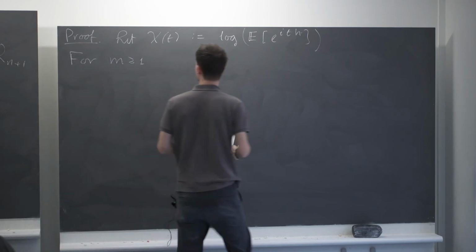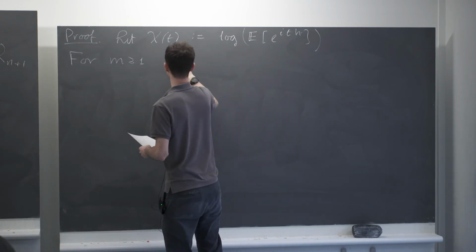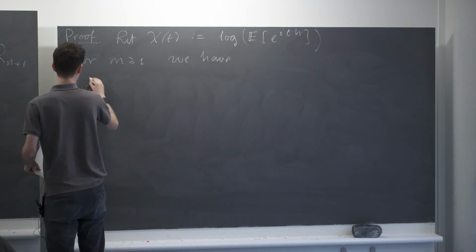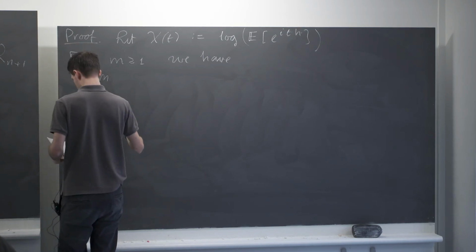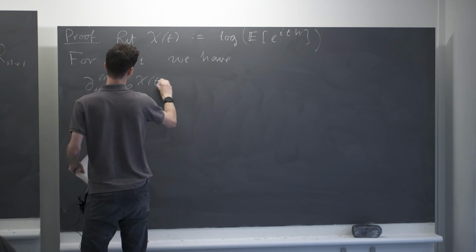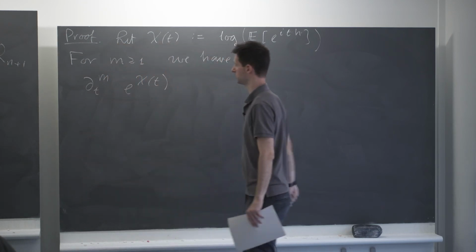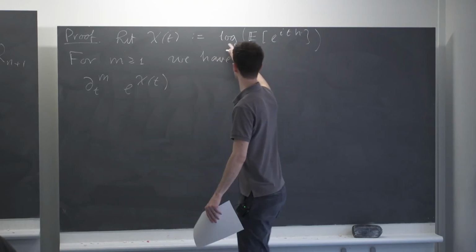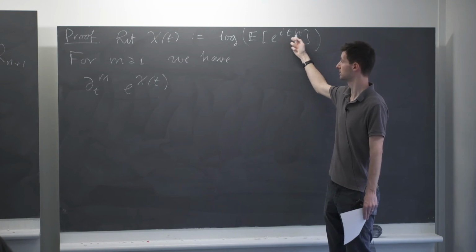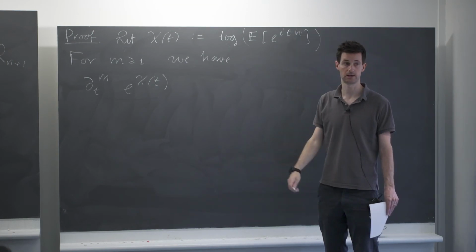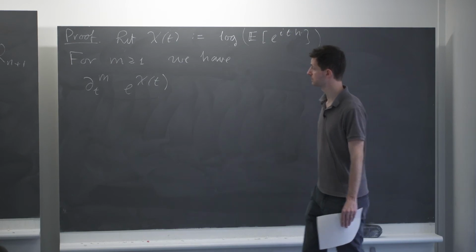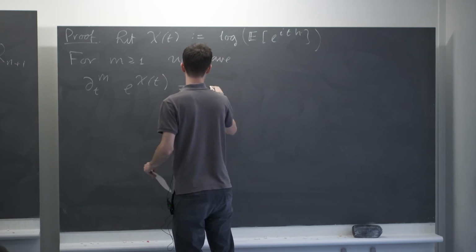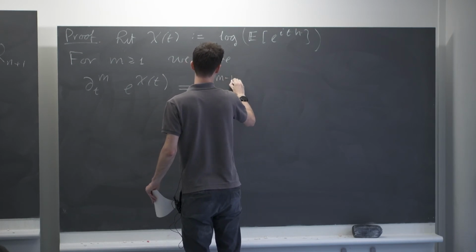So let's take an m now, and the real idea behind the proof is to write this object, which we know, this is going to give just the mth moment, right? If I take the log and then I take again the expectation and I differentiate this m times, I will just get the mth moment. So this is a complicated way of writing something simple, and I will do this in 2 steps. I first differentiate once and then I differentiate m minus 1 times.